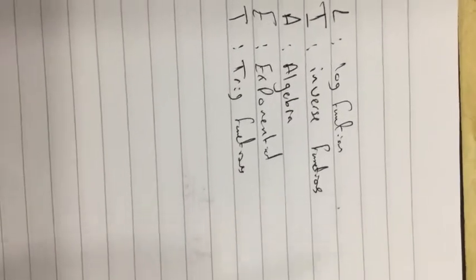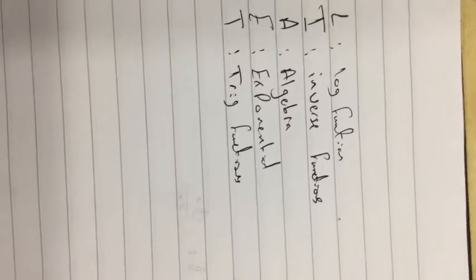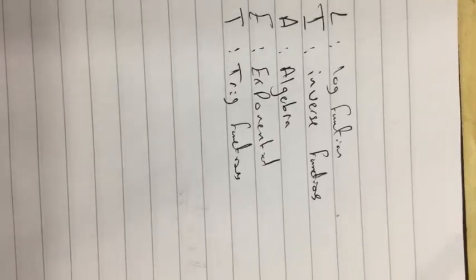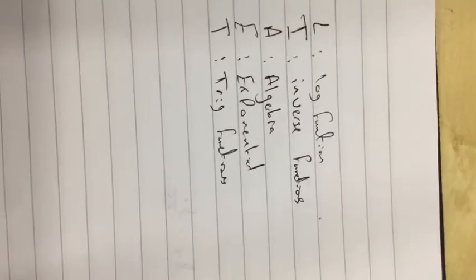And now again we will discuss the integration by parts. First of all, if we have any integration question or example, we will have two parts in the same integration. We have to see if it's logarithm, inverse, algebra or exponential or trigonometry.